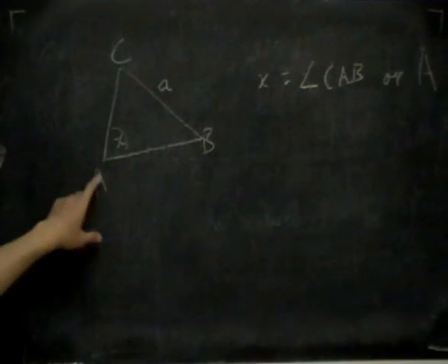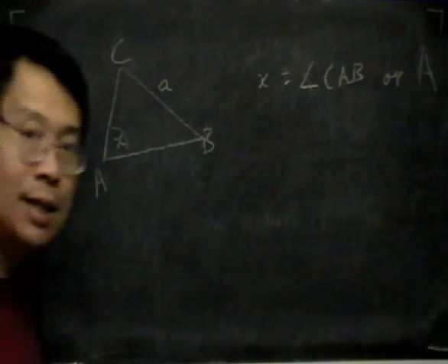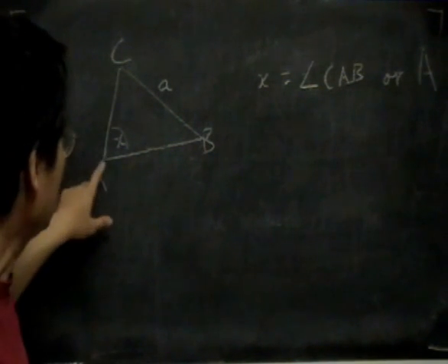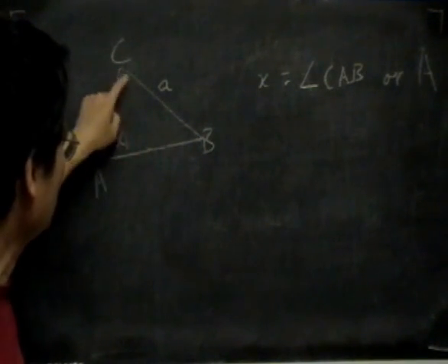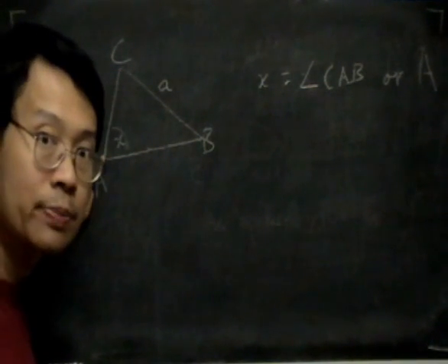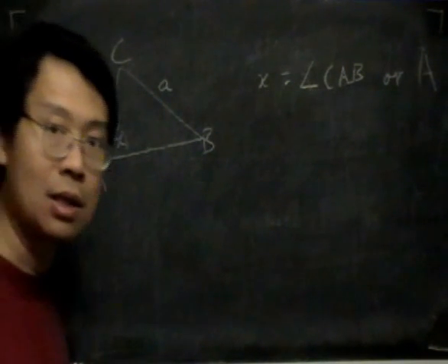So that means that if this corner is capital A, then it is convenient to call the length of the side opposite this angle little a.